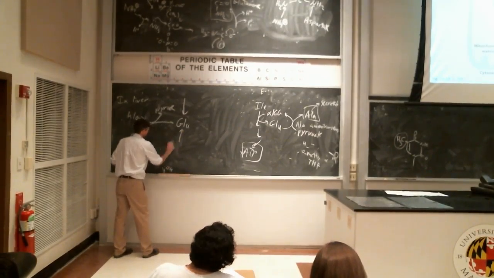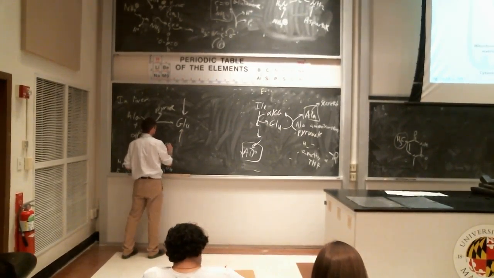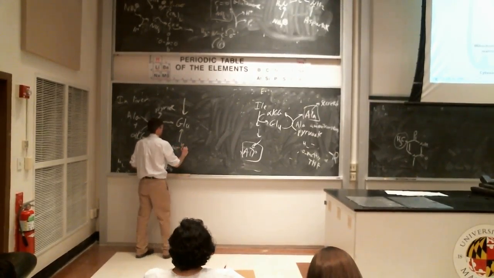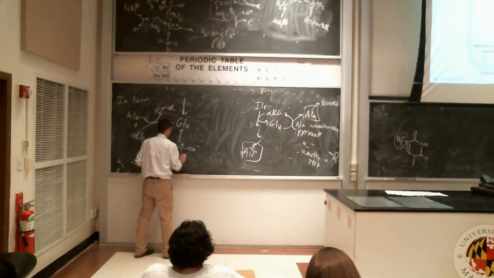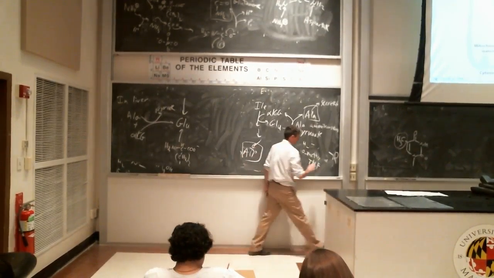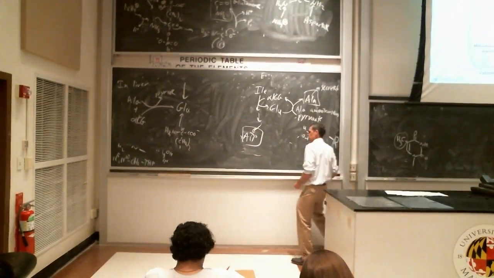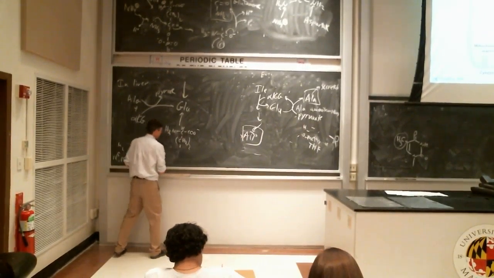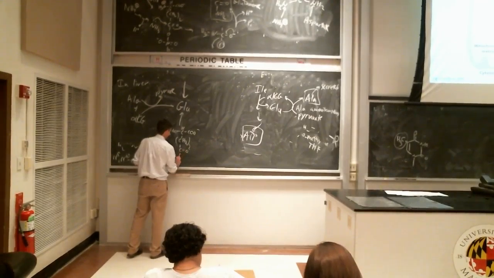Glutamine is undergoing hydrolysis catalyzed by the enzyme glutaminase. So the amide side chain can undergo hydrolysis to release an ammonium ion.